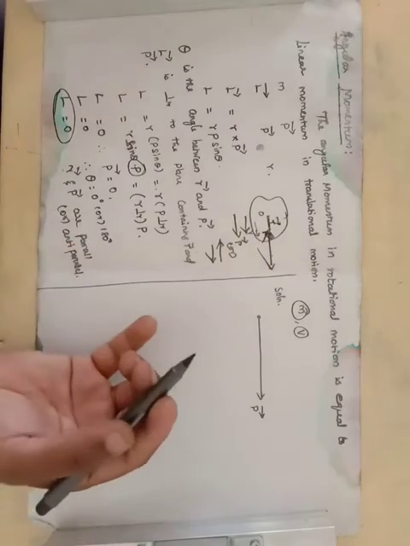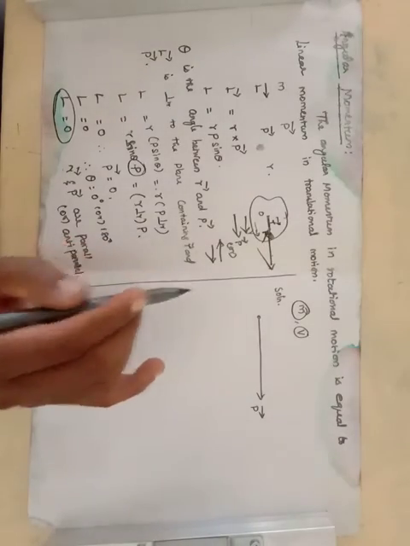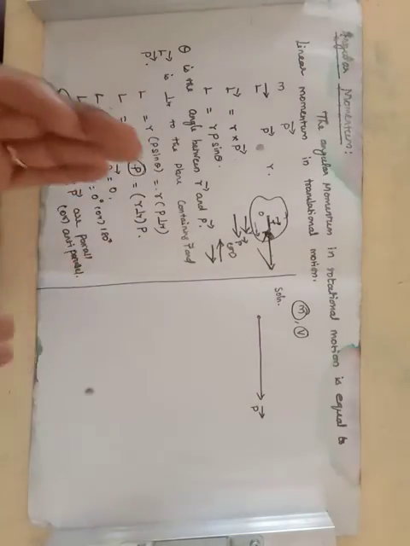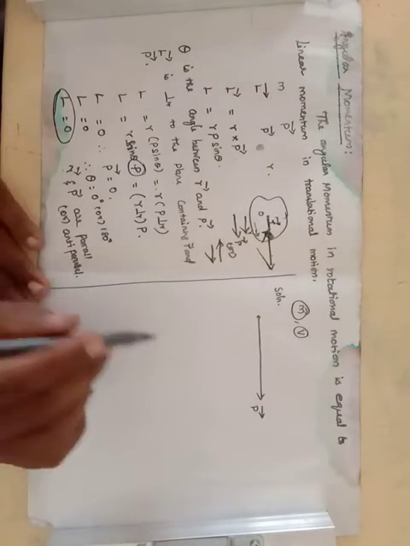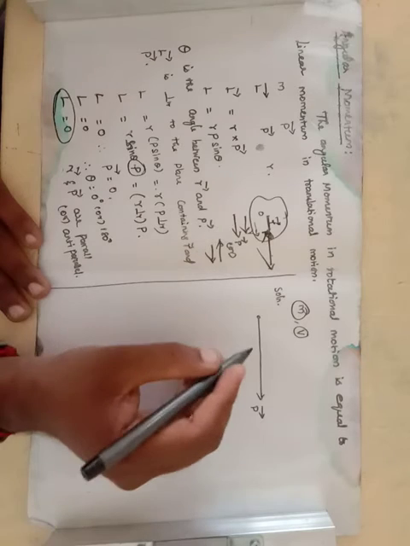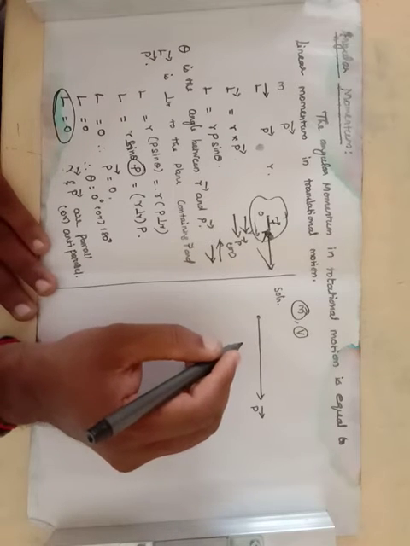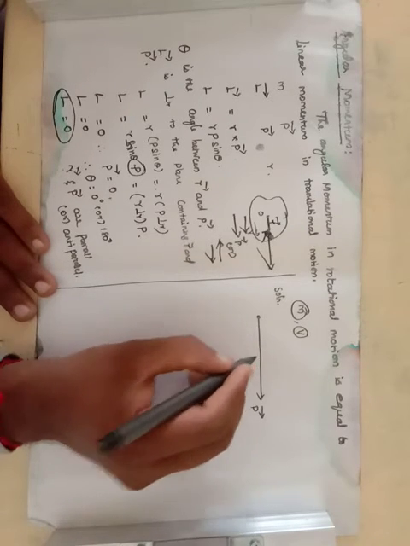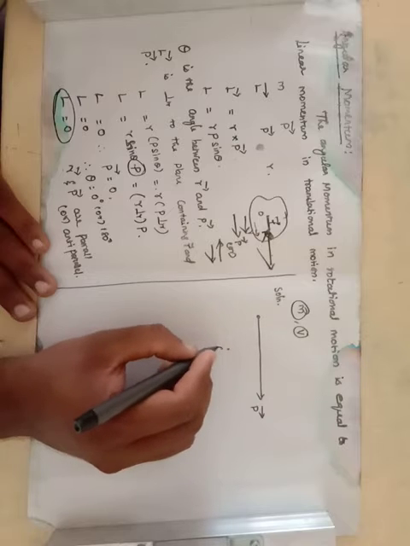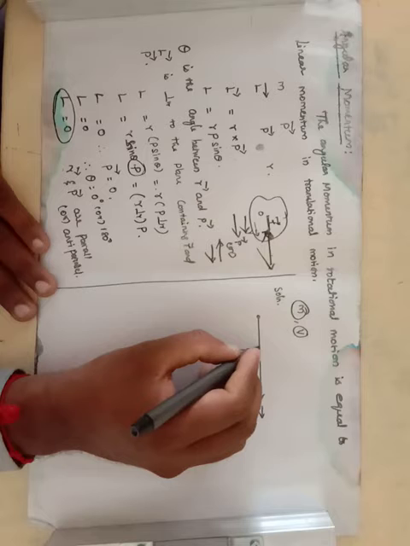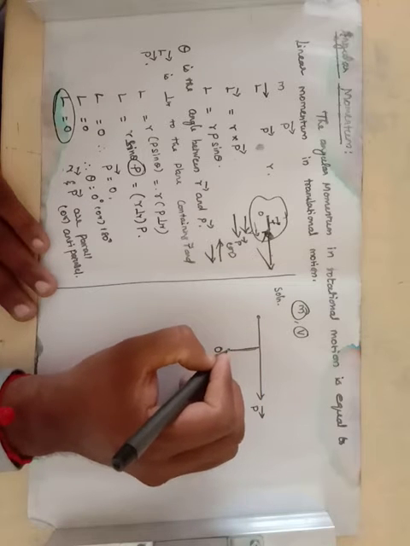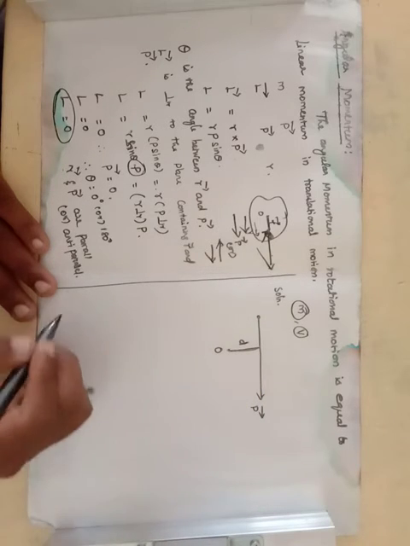To explain that angular momentum is also associated with bodies in linear motion, we are taking this diagram. We choose the origin O, placed perpendicular to the linear motion at a distance d.